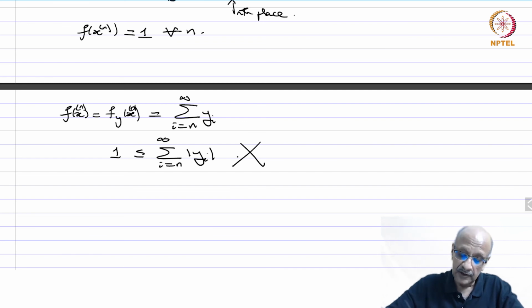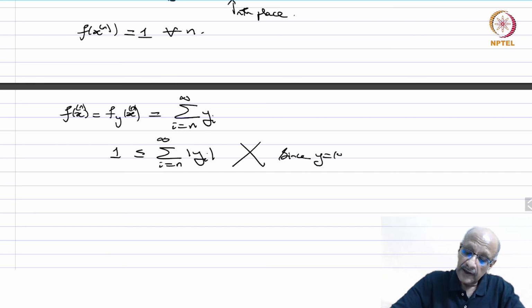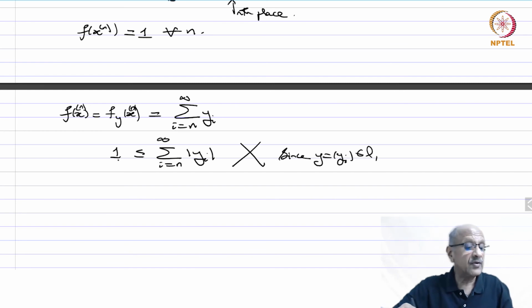This is a contradiction since y equals (y_i) belongs to L1. If it is in L1, this is the tail of a convergent series, it should be going to 0, instead it is always greater than or equal to 1. So there do exist continuous linear functionals on L infinity which do not come from L1, and therefore L1 is not a reflexive space.